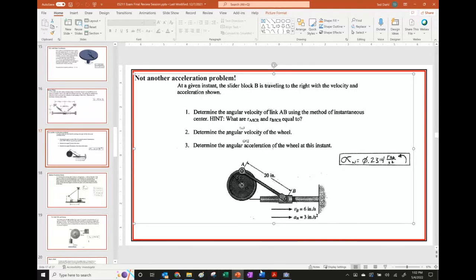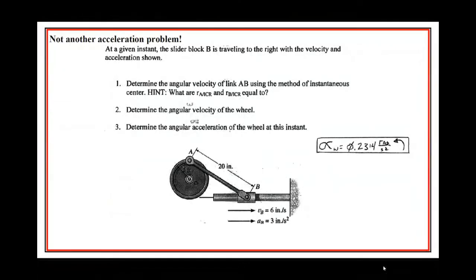Okay, so reading this thing. At the given instance, slider B is traveling to the right with a velocity and acceleration shown, right? So 6 inches per second and 3 inches per second squared. Determine the angular velocity of link AB using the method of instantaneous center.